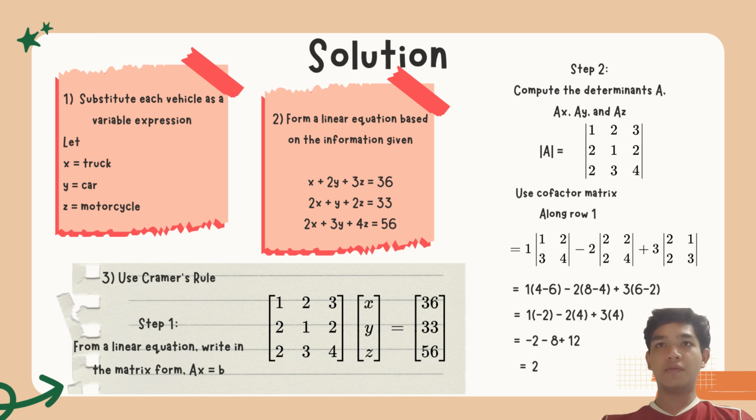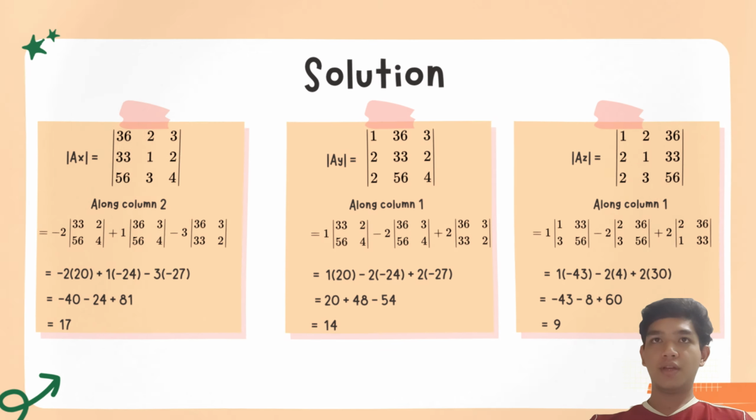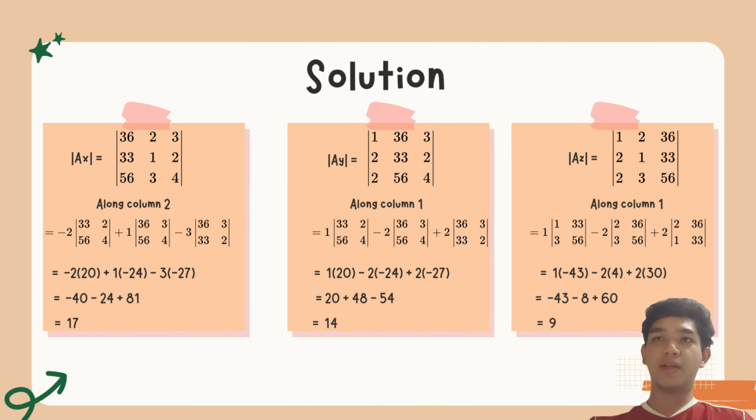Now, using cofactor matrix, we can get 1 times determinant 1, 2, 3, 4 minus 2 times the determinant 2, 2, 2, 4 plus 3 times determinant 2, 1, 2, 3. After we get those determinant equations, we can calculate the whole sum of it, and then finally we get the answer is 2.